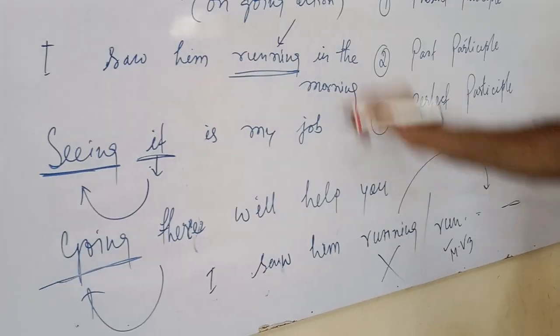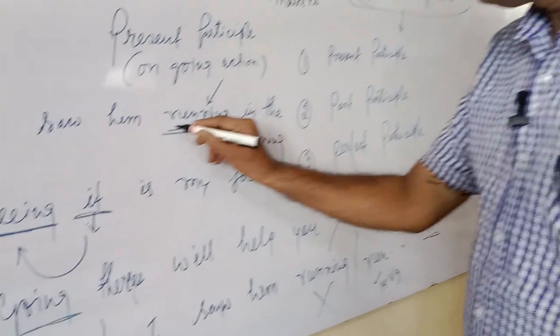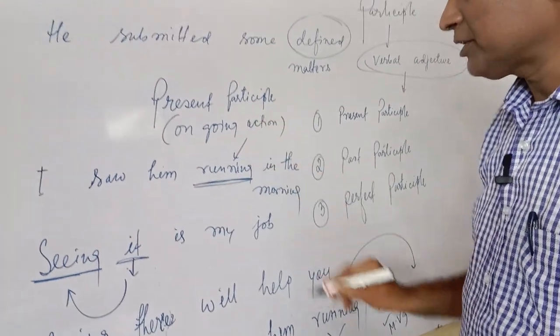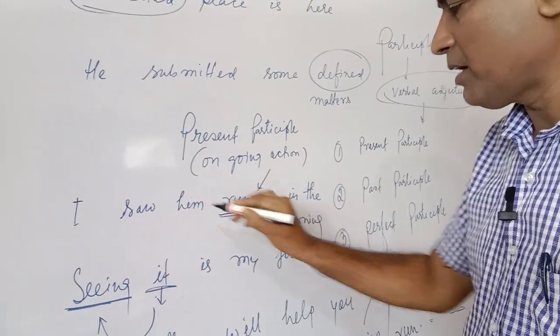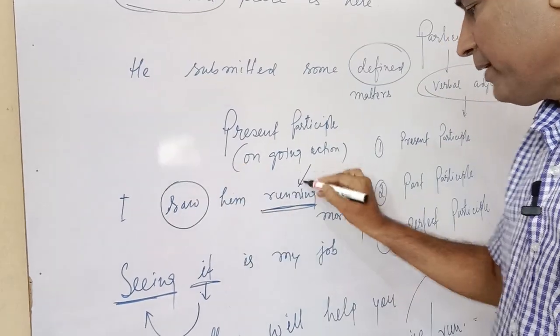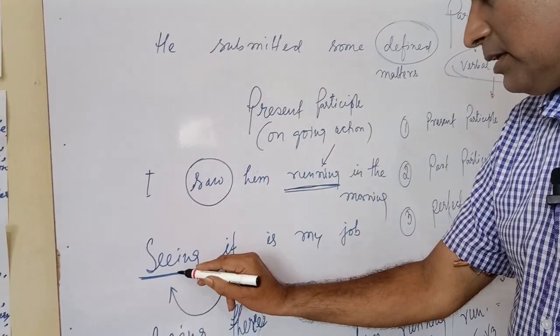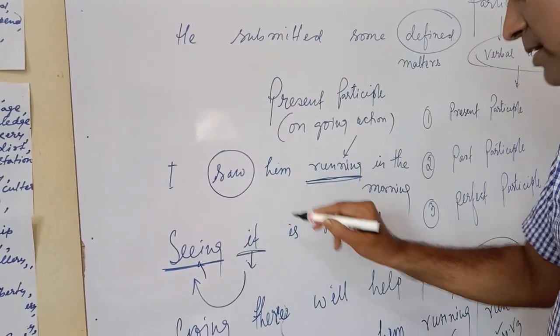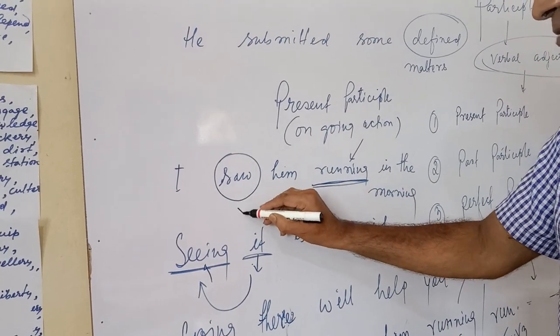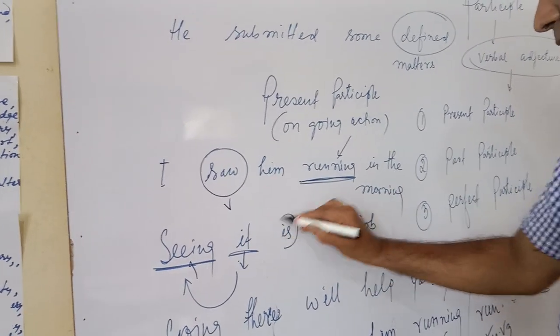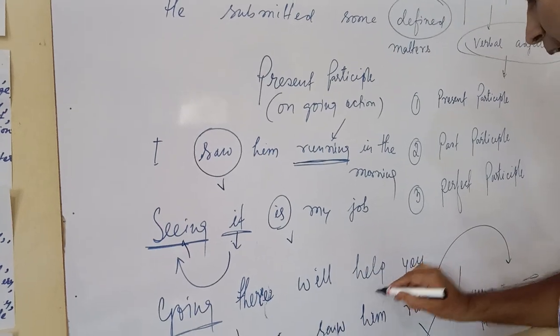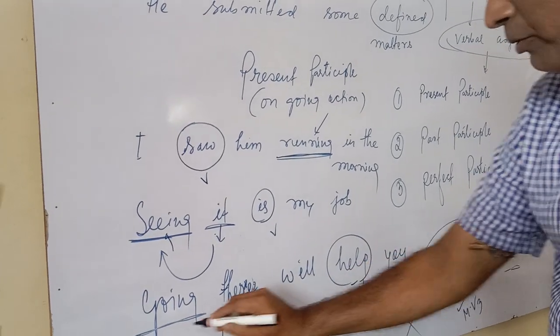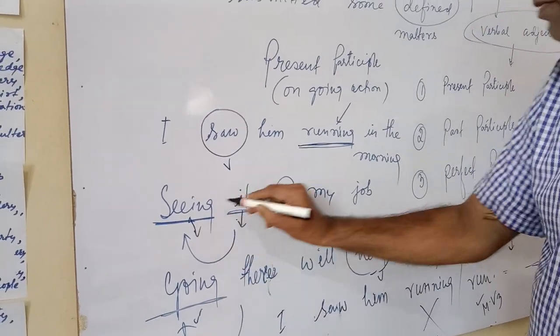Clear? So the present participle form of the verb is all about denoting the continuity of action, but it doesn't work as a verb, rather it works as an adjective. Seeing is not a verb, but in these sentences, is is the verb, and help is the verb.